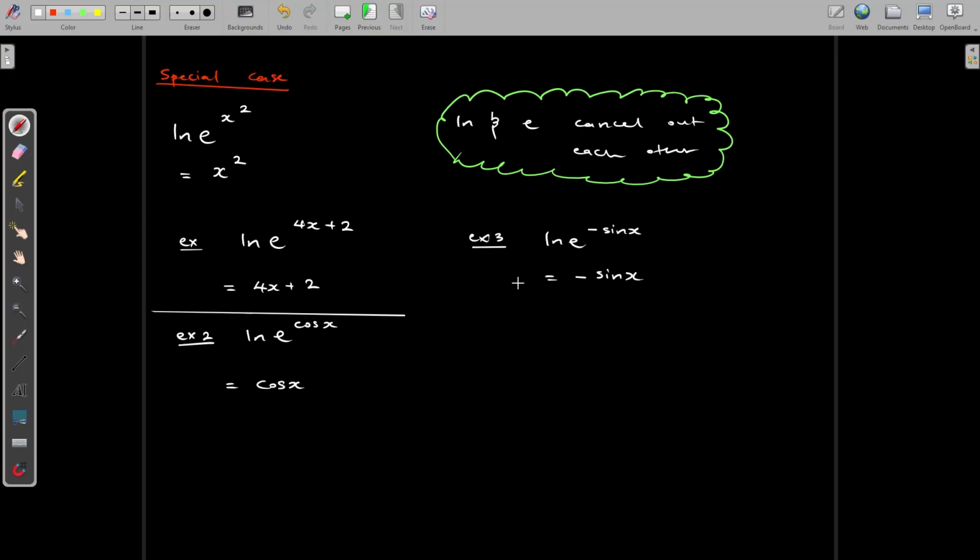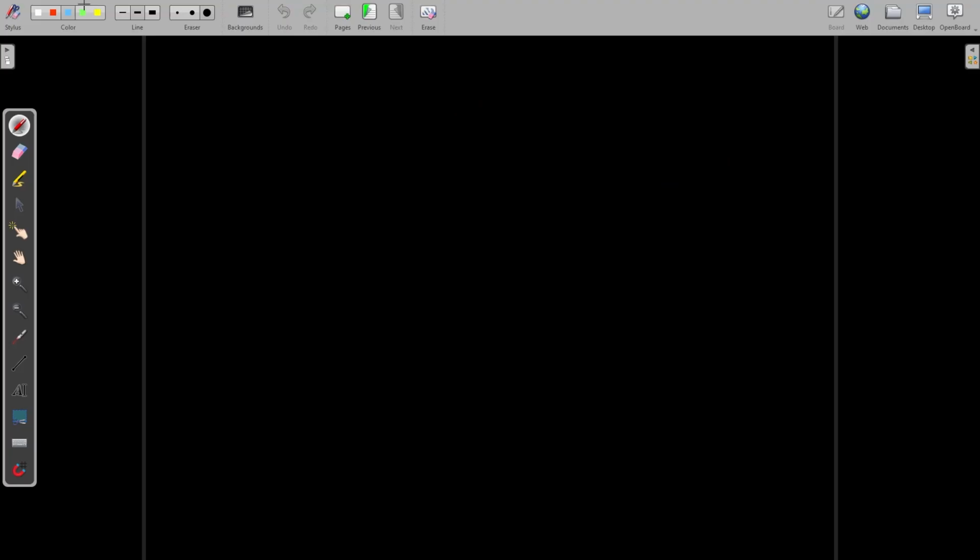Alright, so with that said, we need to get into some solving. Solving equations. So solving log equations, and then we'll get to solving exponential equations eventually. Log equations are very nice, trust me.